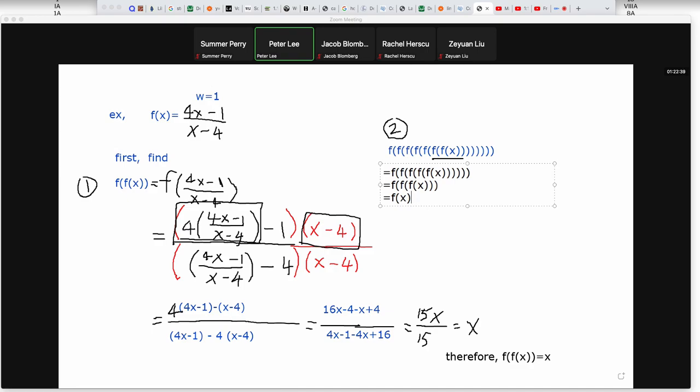And that's it. f of x is 4x minus 1 over x minus 4. If you write that, that's fine. If you don't write it, just write f of x, that's okay. So this is the end of this problem. The key thing was to get this f compound f of x correctly, because you have to get x here. If you do not get this x, then of course you cannot get it.